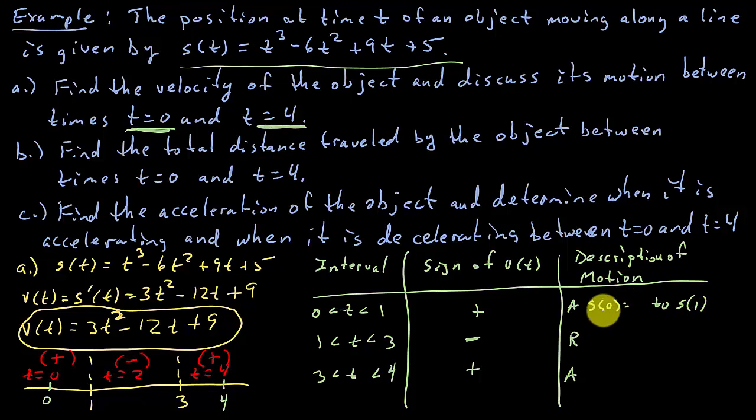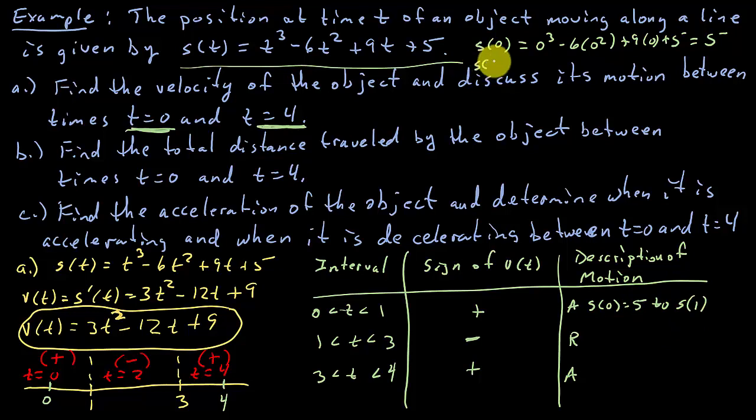So how do I find this position here? Well, I take the 0 and plug it back into my position function. I'll do it on this one, but I'm not going to show all the work on all of them. That's 0 cubed minus 6 times 0 squared plus 9 times 0 plus 5, which equals 5. So from s of 0, which equals 5, to s of 1.